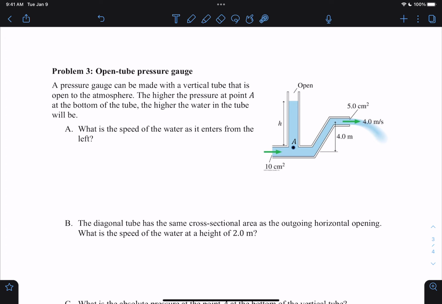This cross-sectional area is 10 centimeters squared, and this cross-sectional area is 5 centimeters squared, and they give us the speed at that cross-sectional area. Okay, Zahra, do you know how to start us off for this part if we're trying to figure out the speed of the water as it enters from the left?